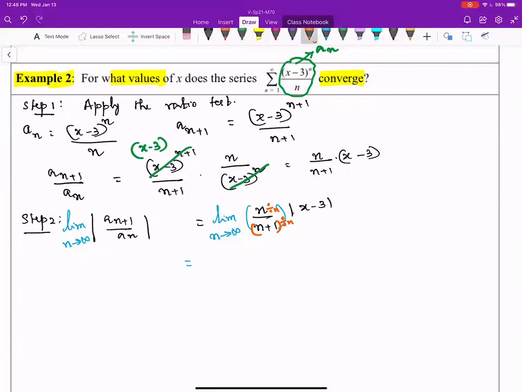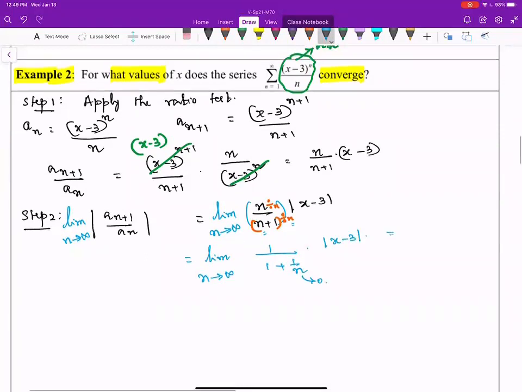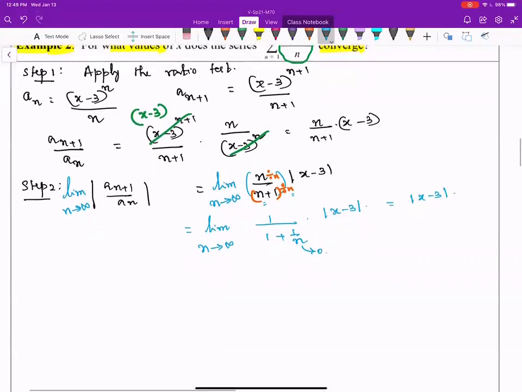This will become the limit as n approaches infinity of 1 divided by 1 plus 1 over n, times absolute value of x minus 3, and 1 over n approaches 0. So the first part will be just 1. So it is just absolute value of x minus 3 as n approaches infinity.